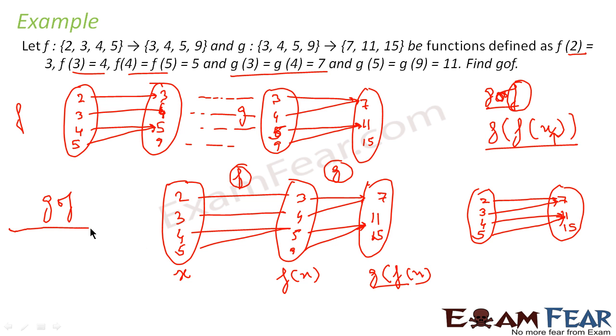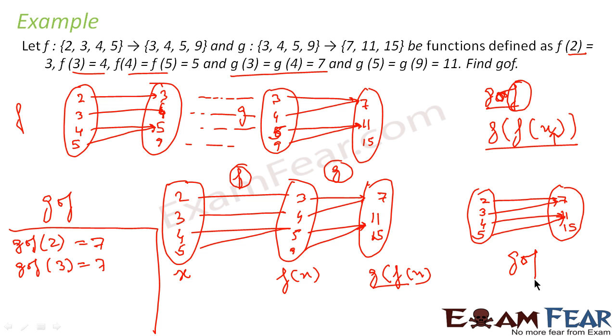If I want to write gof, I'll write in this fashion. gof: the moment you give 2 as the input, you get 7. gof: the moment you give 3 as the input, you get output 7. This is gof, my friends.